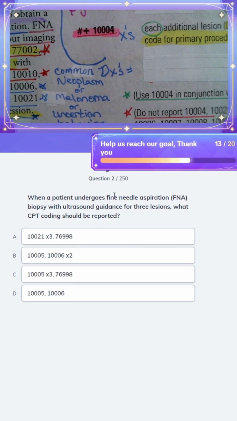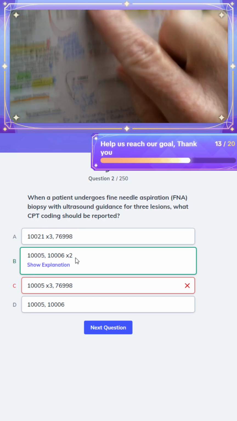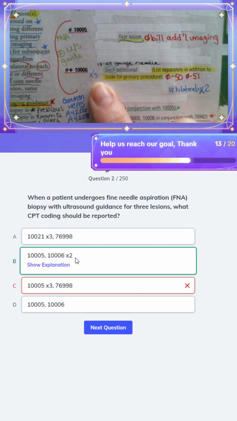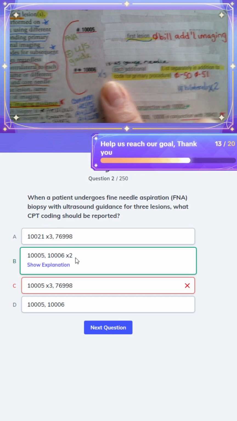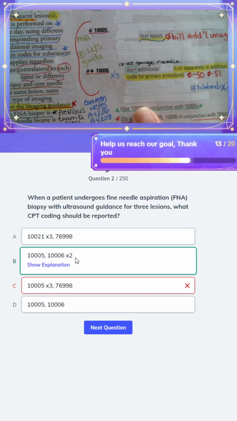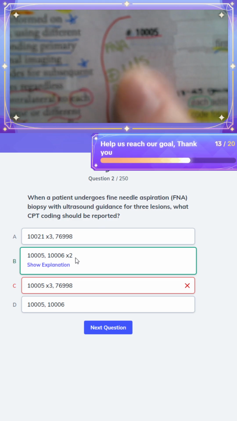Thank you, Keys. Let's see if your C is correct. It was B. It's not times 3, and we would not add a radiology to this one. If you look at these codes, at the 10005, if you look at the MAMA code, ultrasound guidance is included in these codes.